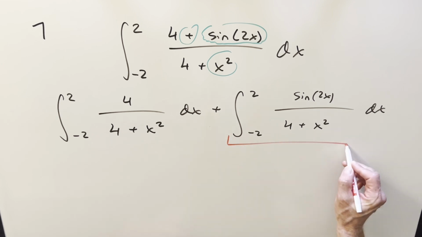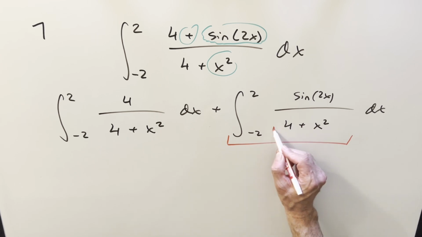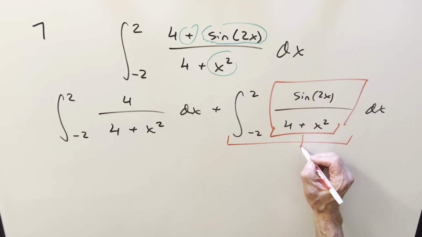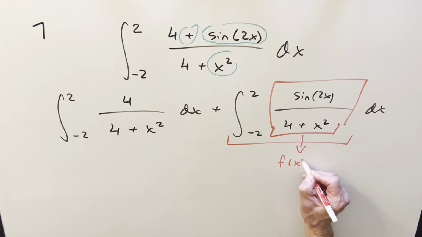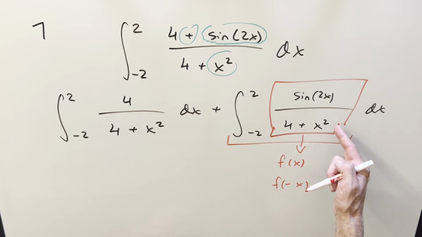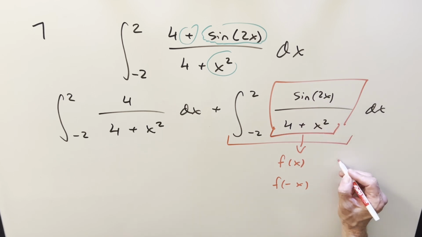The reason is because this thing here is actually an odd function. Actually, I should just say this right here is the odd function. If this is our f of x, the quick check you can do in your head is just think about f of minus x. When you plug f of minus x in here, the denominator goes away when you square it, but there's still a minus here.